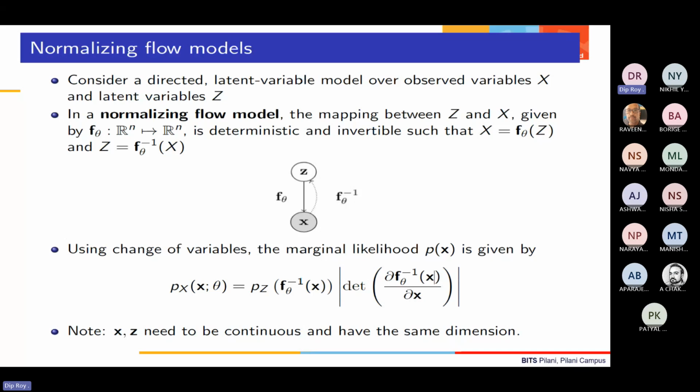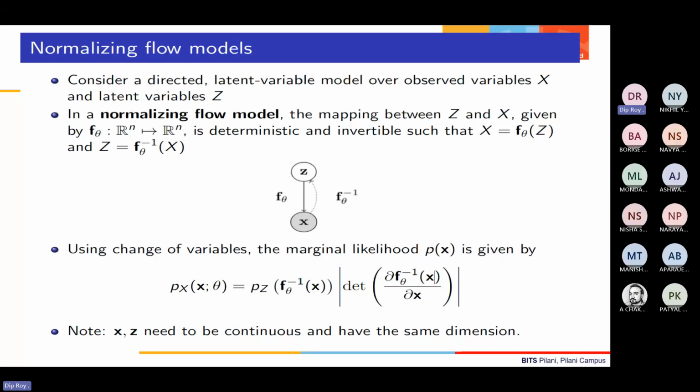However, there are two problems with autoregressive models. The first problem is that there is no latent variable representation. The second problem is that they are sequential in nature when we are sampling, similar to what the LLMs do. Autoregressive models are nothing but LLMs, or vice versa, LLMs are autoregressive models.